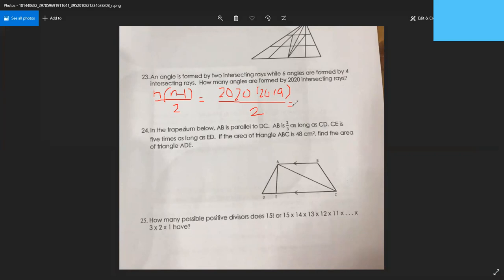So the answer now would be 2,039,190. So that's it. That's how we do number 23. If you're going to copy it, sige, copy it na.